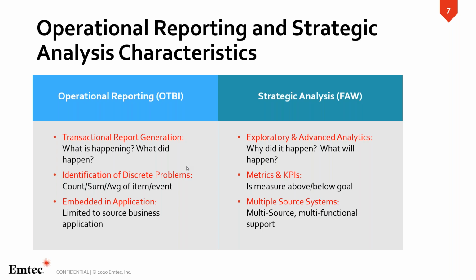You're looking at not only what happened in the distant past, you're looking at why it happened, right? What other pieces of data changed to affect what happened in my financials, or what will happen in the future. You're also looking at predicting what could happen based on prior trends. You're looking at a larger scope of data as well.